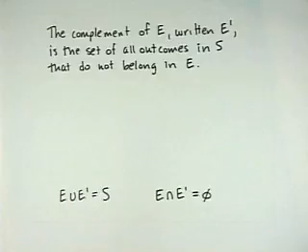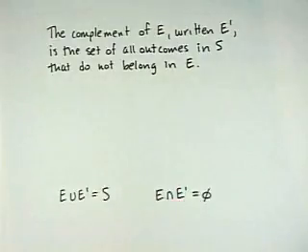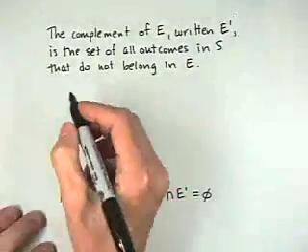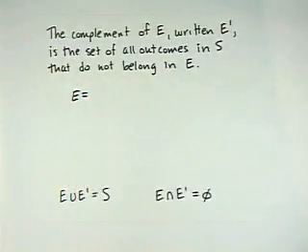We move on from here to another concept involving probability, the idea of the complement of an event. The complement of event E, written E prime, is the set of all outcomes in a sample space that do not belong in that event. Think of the event from the experiment drawing a card out of a deck of 52.